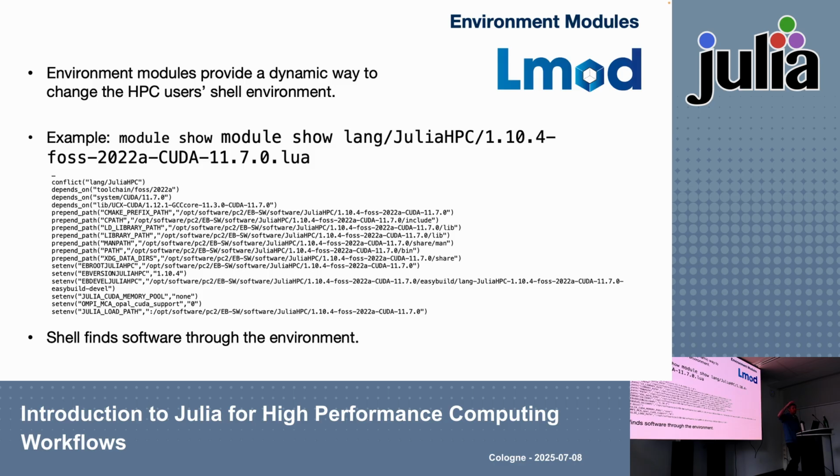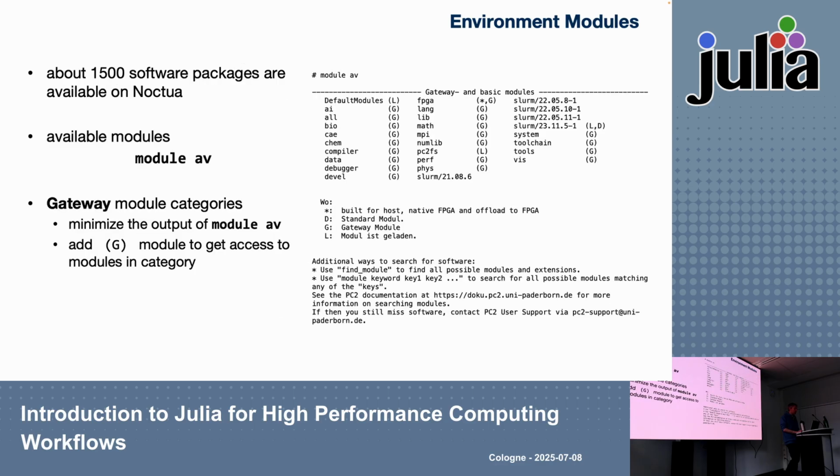Before you load the module, your shell couldn't find Julia, and after loading the module, it can find the Julia command and can execute it. And Julia will find all of the files via the environment variables that are defined by the module.